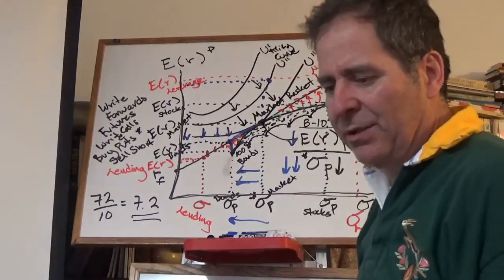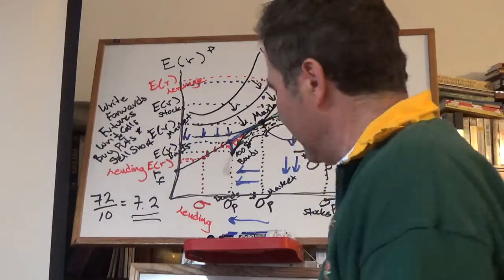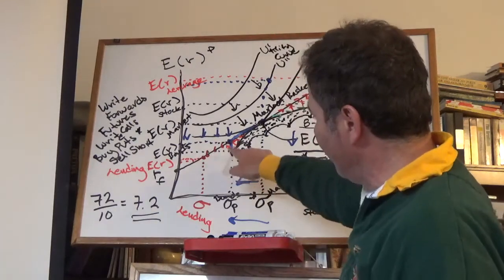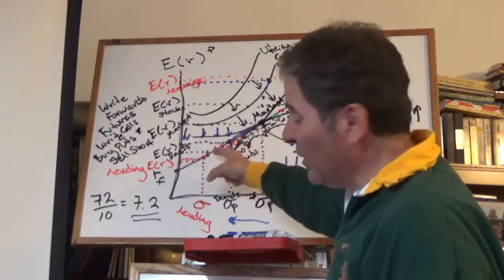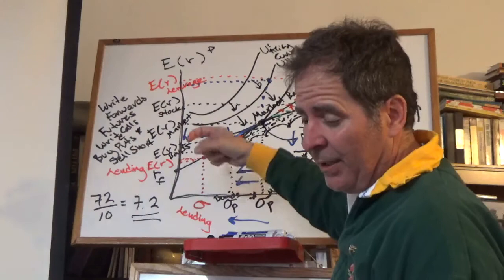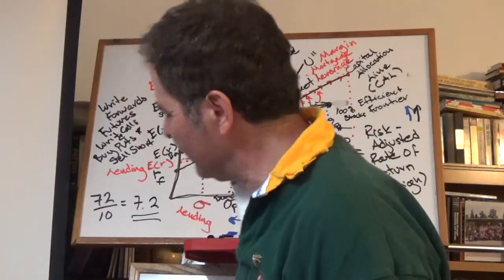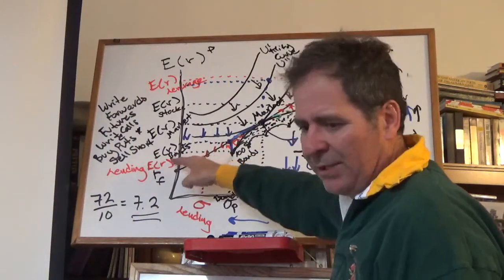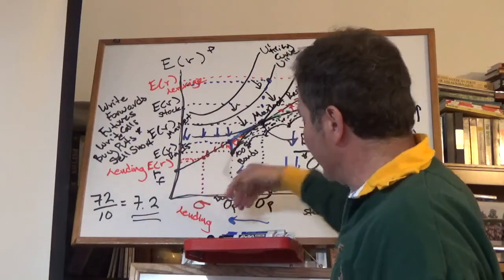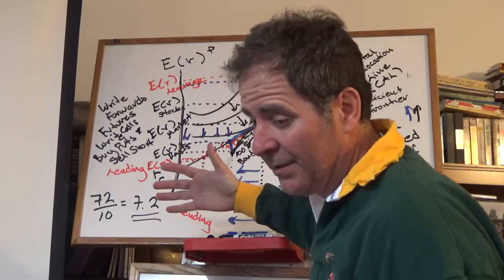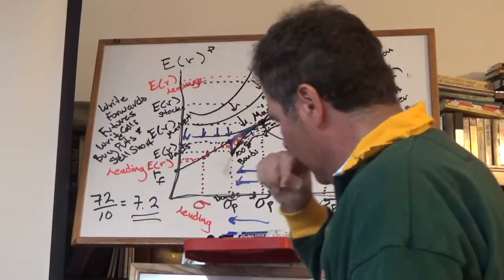So what those investors, the banks, can do is jump off the efficient frontier and move down the capital allocation line through the process of lending. So yes, they get a lower expected return, but they're getting significantly less risk, and that's what they want.